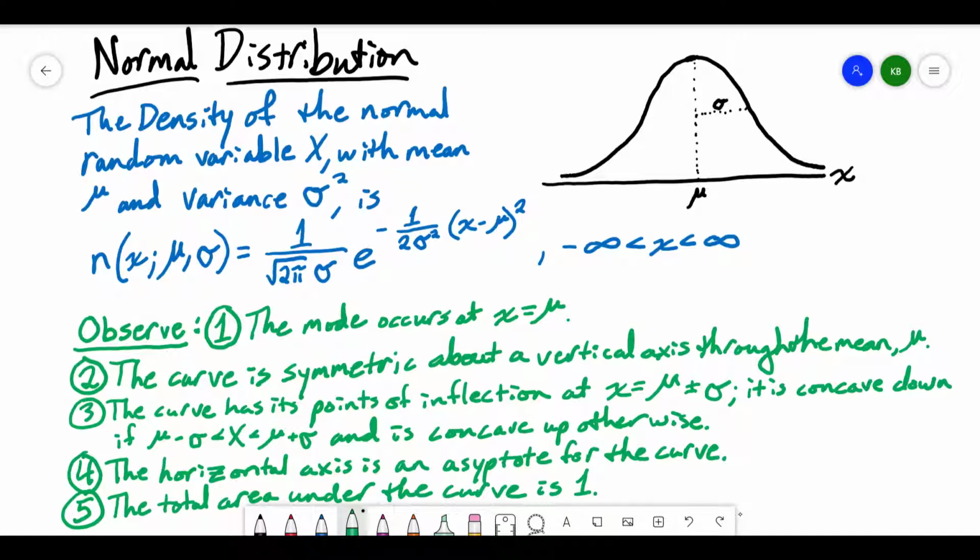Our second distribution is the normal distribution. So the density of the normal distribution is a very much more complex formula for us. We find it by taking 1 divided by the square root of 2 times pi times the standard deviation of this normal random variable.